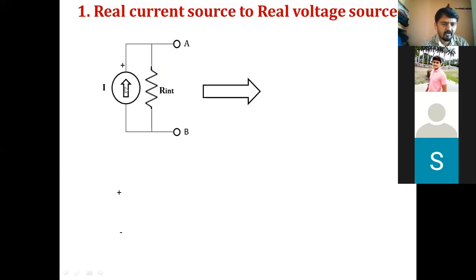According to Ohm's law, V equal to IR. This I is there, R is there. So write the V formula: V equal to I into R, write the symbol V. This parallel resistance, when it goes to the voltage source, becomes series. In series you enter the same value of resistance here. Very simple.